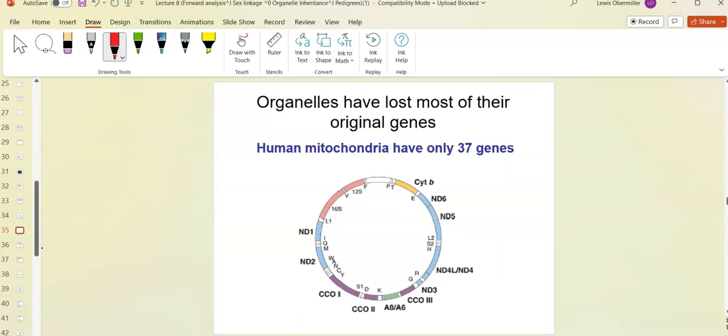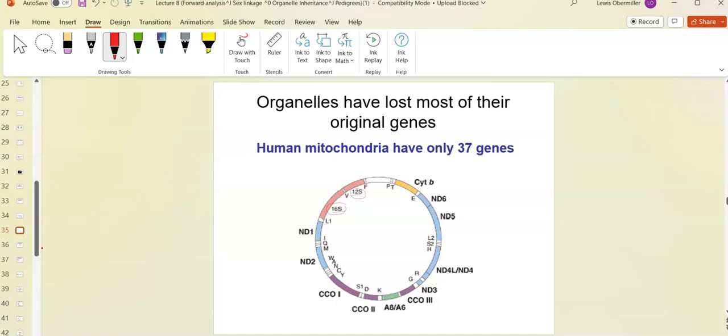So here are the genes. Some of these code for tRNAs. Remember we talked about the different ribosomal RNAs. This is similar to the prokaryote, right? Ribosomes as opposed to the eukaryote's subunits.